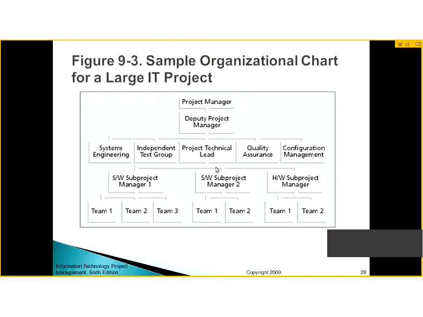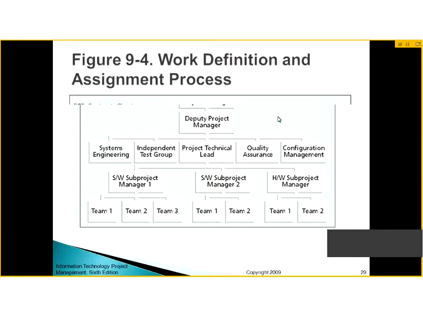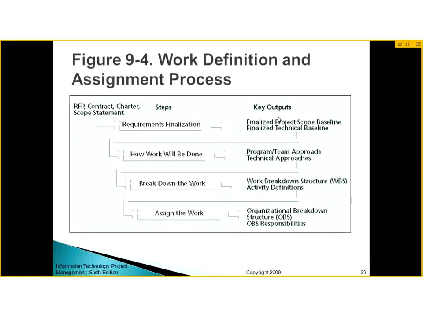And then you can sub-assign the responsibilities as the project technical lead will have 3 managers, software sub-project manager 1, software sub-project manager 2, and hardware sub-project manager. And even a software sub-project manager may have 3 teams to work with, and each team may have its own team lead. So this is the organizational chart which you make so that you can identify the reporting relationship or the hierarchy.